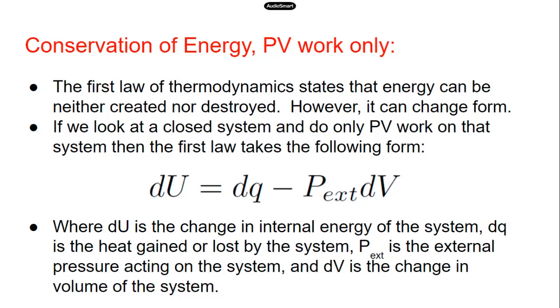But let's say the system does work. If the system does work on the surroundings, it has to lose some energy, and so dV is going to be positive. The system is expanding against some external pressure. In that case, this is positive, so this is negative here. So that means the internal energy decreases, of course, when the system expands and does work on the surroundings. Okay?